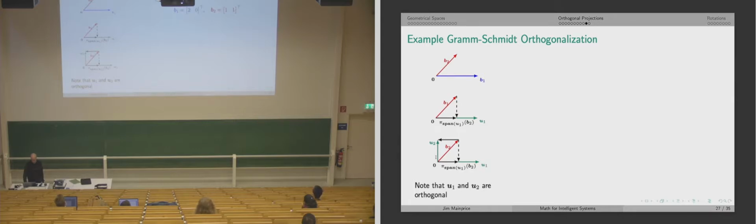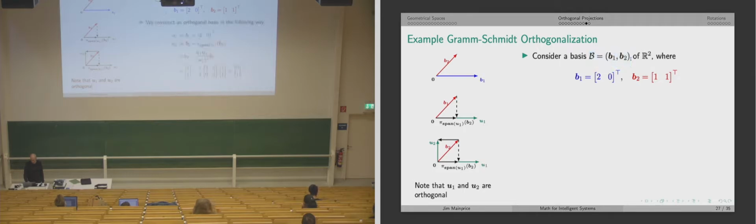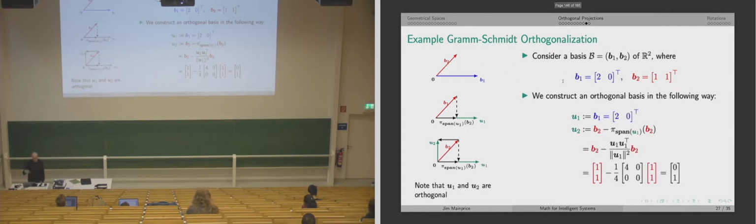So I'm going to do that with a numerical example. We have our basis for R2, and these are the two vectors that we have here. We construct an orthogonal basis in the following way. First we set the first new basis vector to be B1, which is this one here.